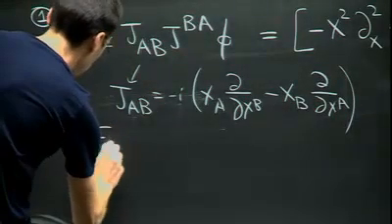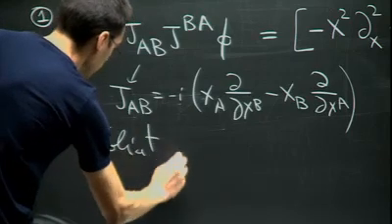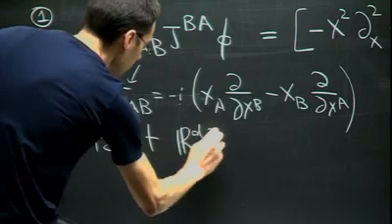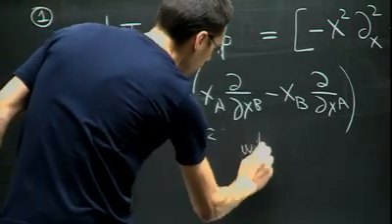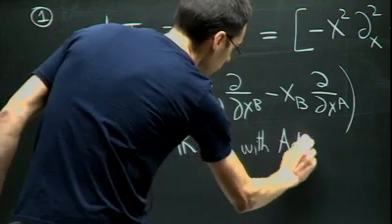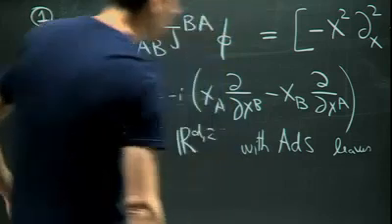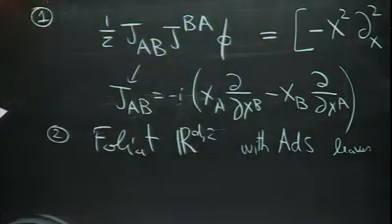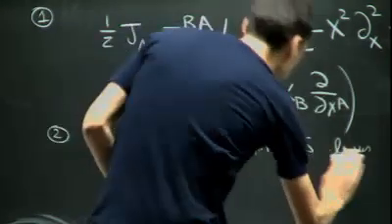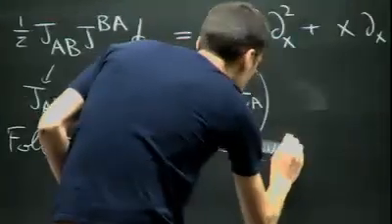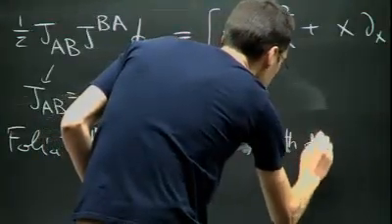So I foliate this R^{d,2} with AdS leaves, surfaces of AdS with different radius.